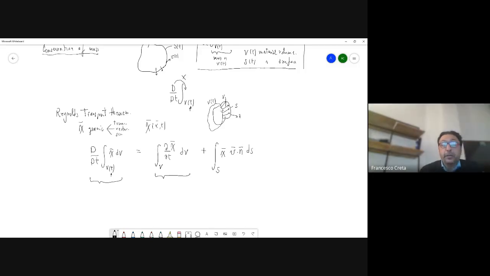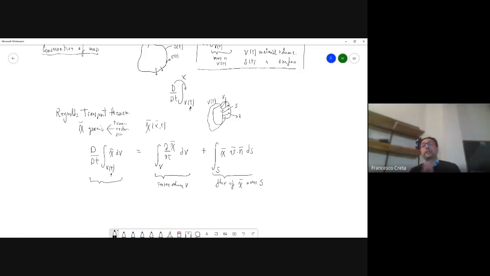This is the rate of change of chi in the frozen volume. And this would be the flux across S. Now, clearly, both S and V are frozen.